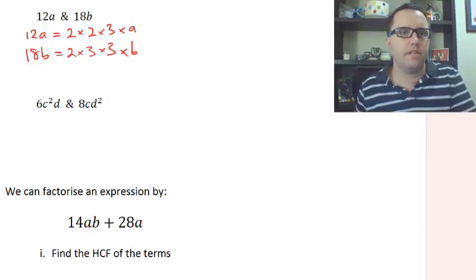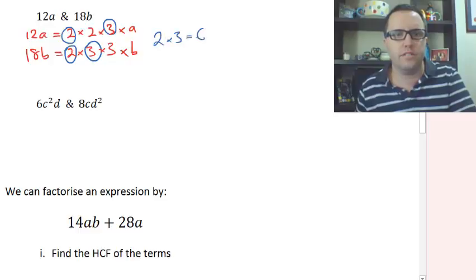Okay, so let's circle our common factors here. There's a 2 common to both of them, and there's a 3 common to both of them. So the highest common factor for this one will be 2 times 3, which is 6.